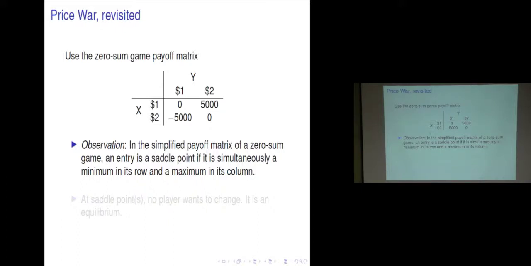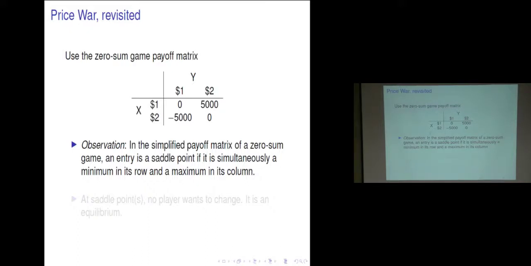Suppose both company X and company Y sell the bottle of water at the same price, then it's 0, 0, so there's no gain, no loss. But if one company sells at a lower price, then he gets a big payoff.